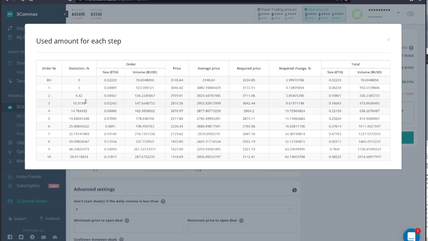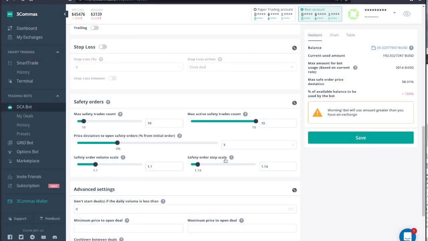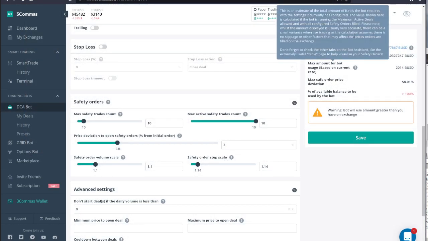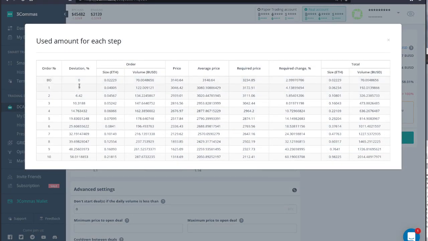If this safety order step scale is just 1, then it's buying as it deviates down 3, 6, 9, 12, 15, 18, 21. But in this case, it has to deviate down more: 3, 6.4, 10.3, 14.7. So it requires it to deviate down more in order to buy that next safety order.